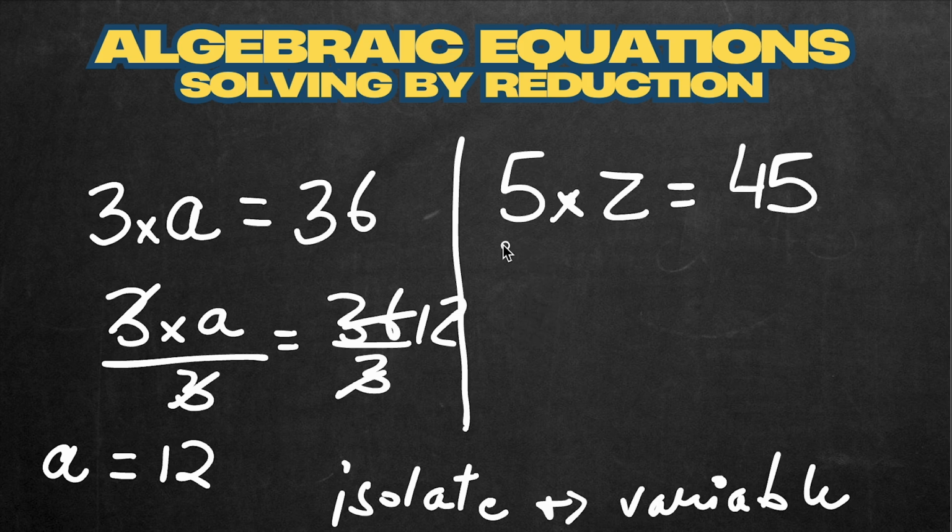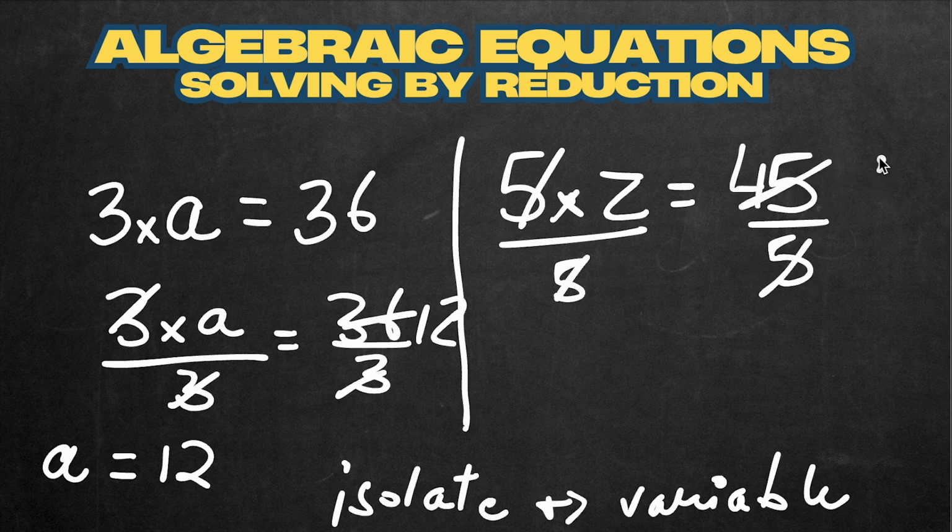I divide both sides by 5. When I divide 5 by 5, it cancels, and 45 divided by 5 becomes 9. So z equals 9. That's about multiplication.